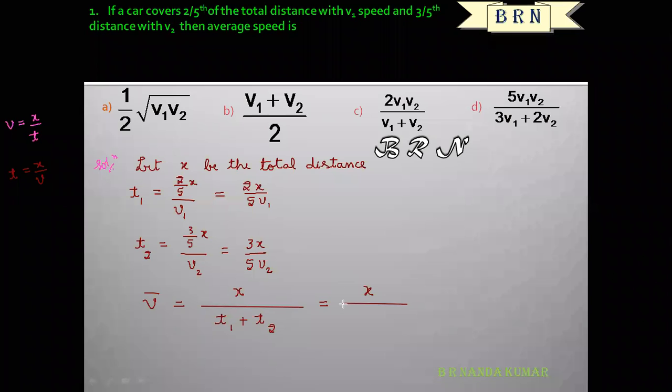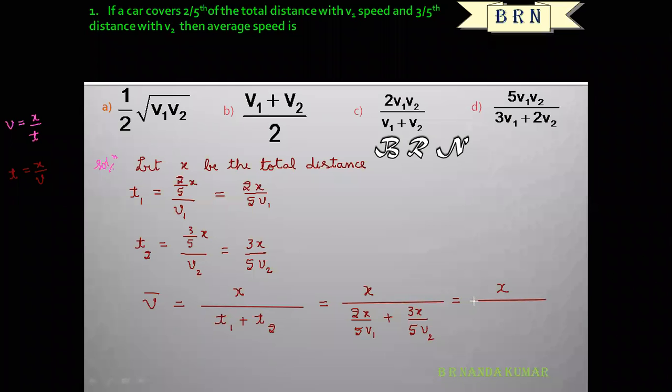T1 is 2x divided by 5V1, and T2 is 3x divided by 5V2. So x divided by that sum.